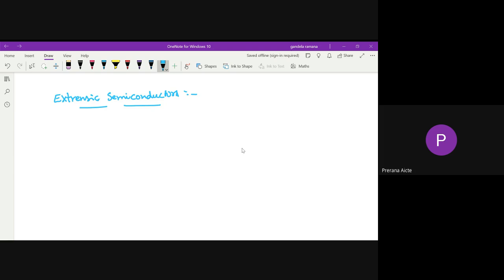Germanium and silicon are pure semiconductors, and the conductivity is practically not sufficient for us. So when we want to increase the conductivity, we add some impurities to the material, and that is called an extrinsic semiconductor.